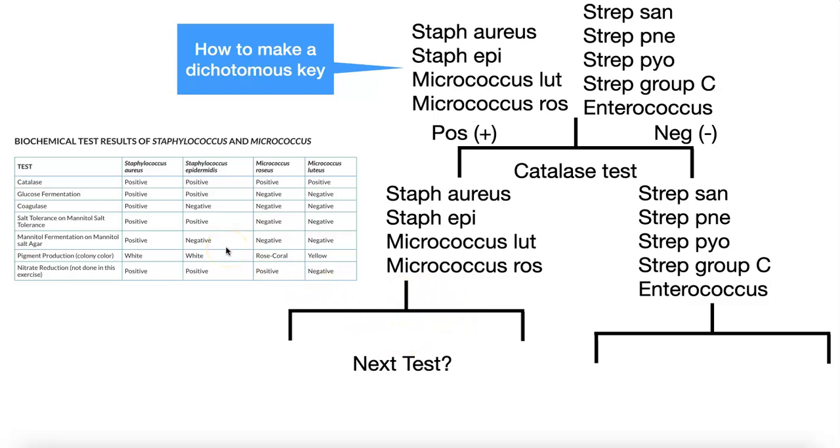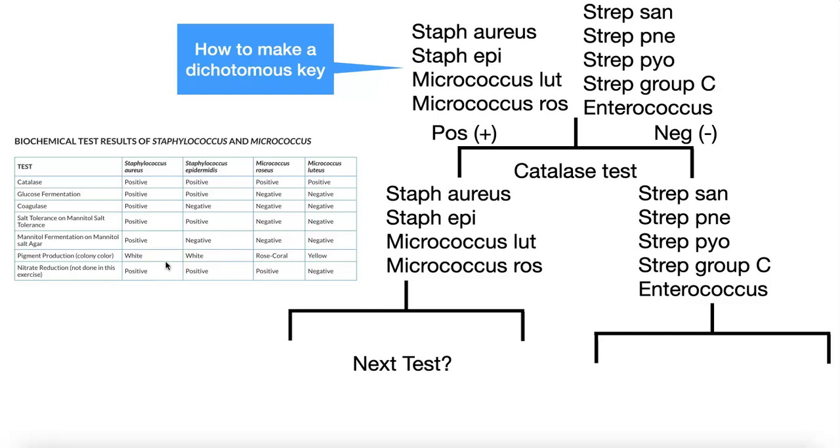And what you would do is use a biochemical test table like this to try to come up with what would I do next? And there isn't one correct answer. There are multiple answers. So glucose fermentation is a test we did. Coagulase is a test we did. Salt tolerance is a test we did. So there's not one correct answer. I'll show you one more example just to hopefully get the idea seated in your head and you can take it.